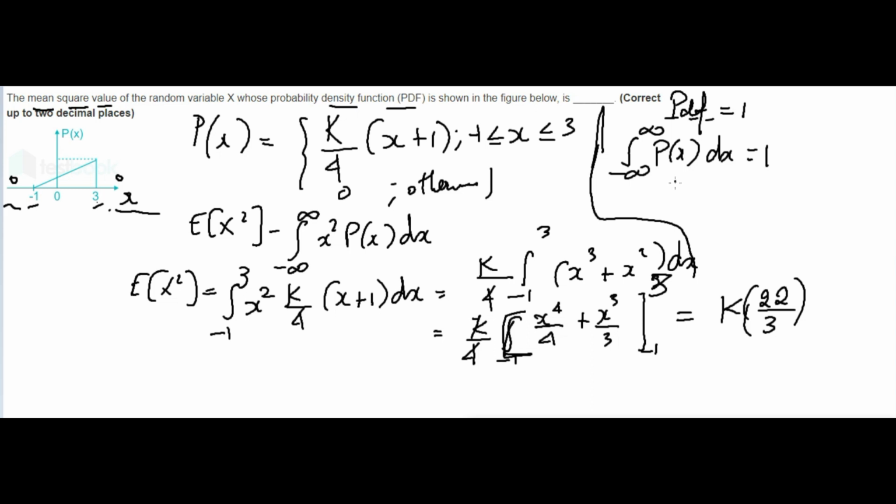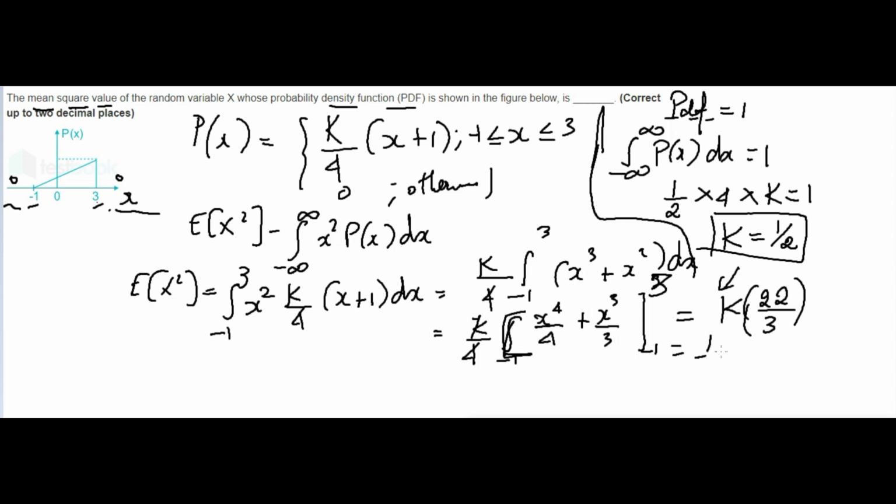So 1 by 2 into 4 into k should be equal to 1, because k is k by 4, so you have to make it as 4. So k is equal to 1 divided by 2.